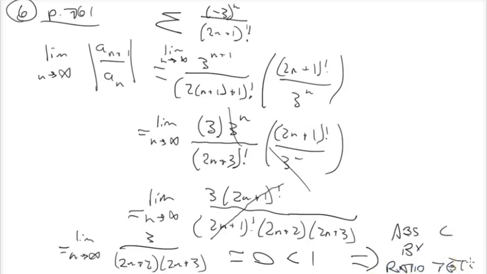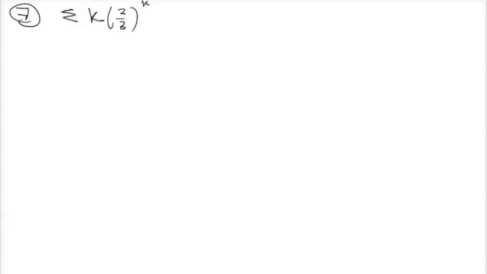And so that's how the ratio test works to figure out absolute convergence. So let's do another problem. Number 7 on the same page asks us to figure out whether this series, k times 2/3 to the k, that's a 3 down there by the way, is absolutely convergent, conditionally convergent, or divergent. We're going to want to use either the ratio or the root test.